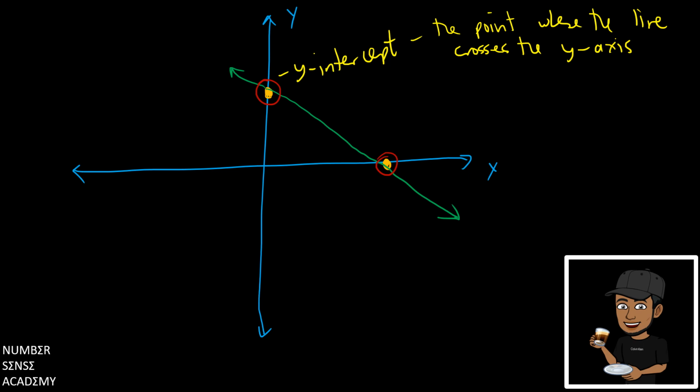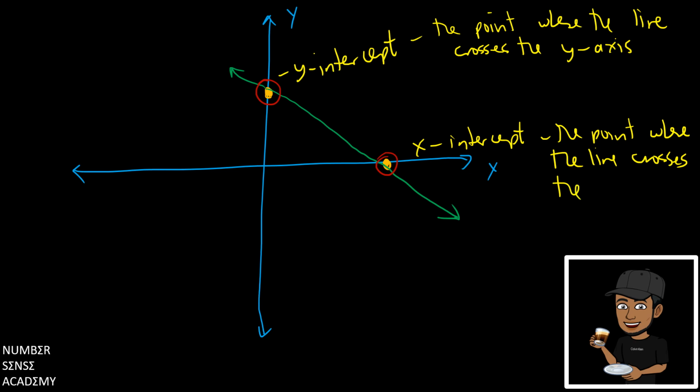And then we have here the x-intercept. It's the point where the line crosses the x-axis. And remember what we just did.